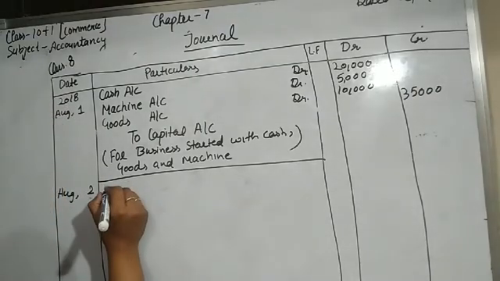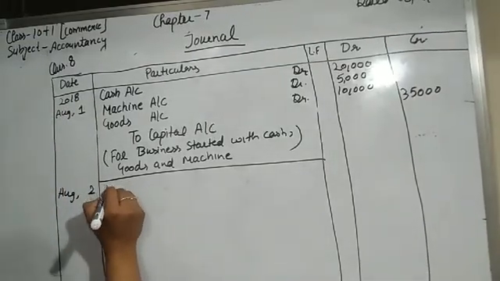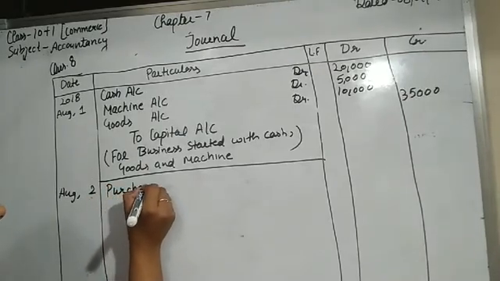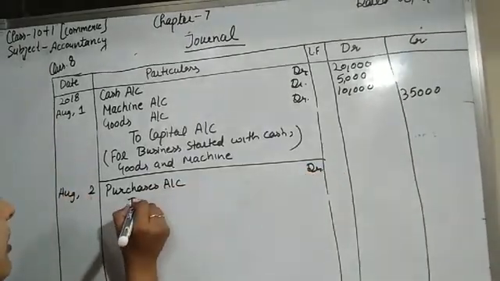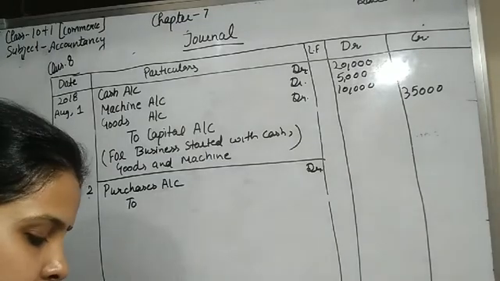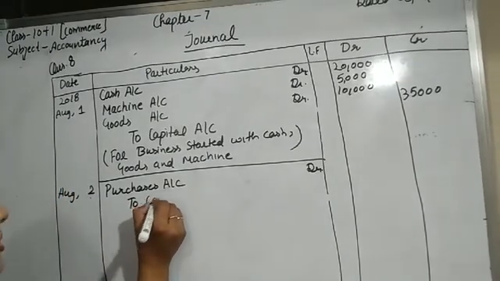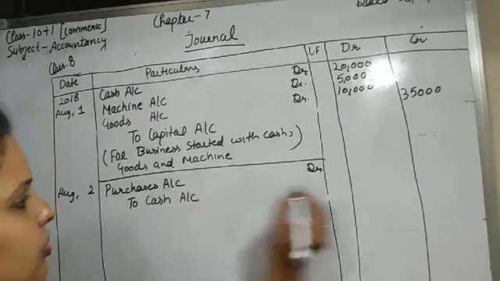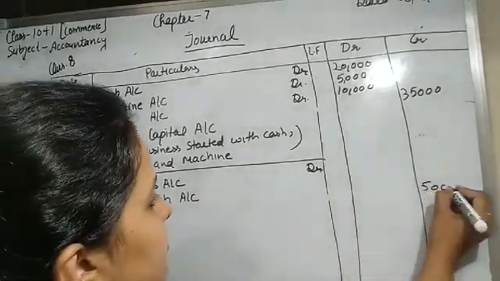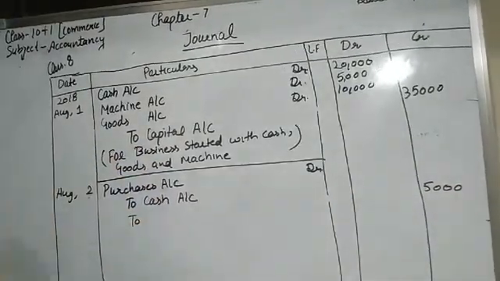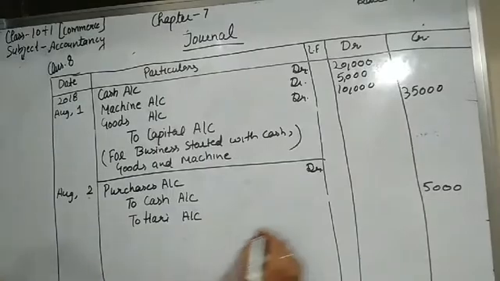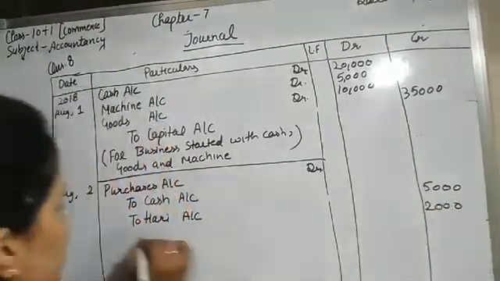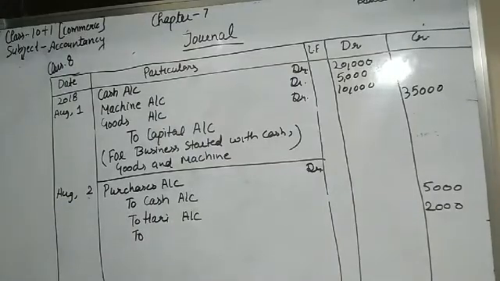So the journal entry will be, when we purchase goods, purchases account debit. First we purchased goods for cash, rupees 5,000. First we credit the cash account with 5,000, and second we purchase goods from Hari. So in the second transaction, Hari account should be credited with the amount rupees 2,000, and in the third transaction, business purchased goods from Mohan.